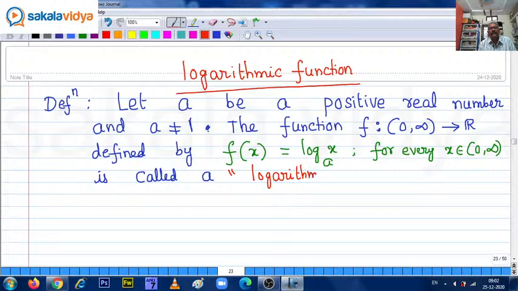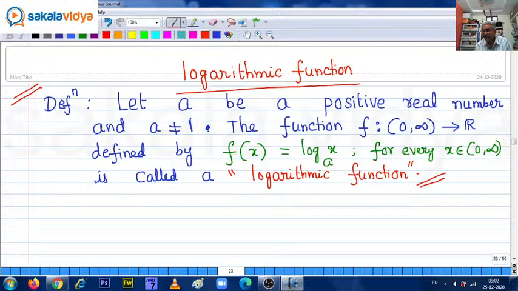My dear students, if you are asked to write the definition of the logarithmic function, you need to remember this from here to here.